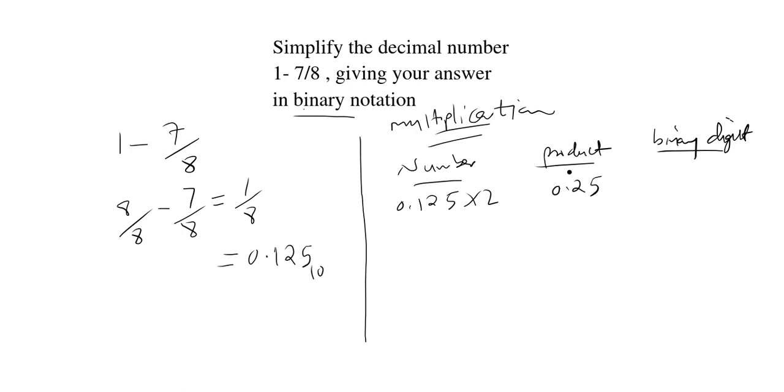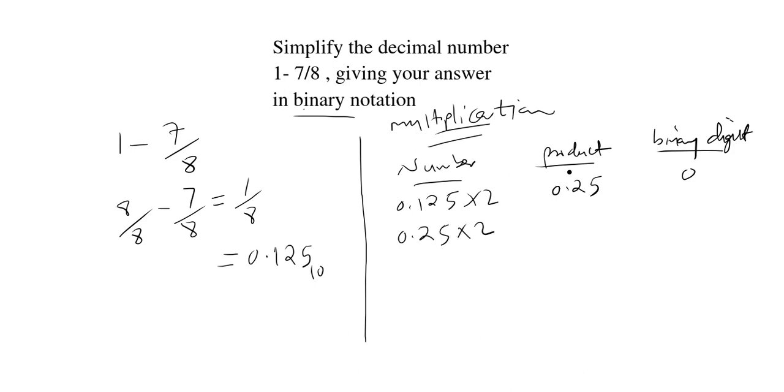What forms the binary number is the whole number part of the product. So here the binary digit will be 0. Then after you write the binary digit, you take the decimal part and multiply by 2 again. That is why we call it repeated multiplication by 2.